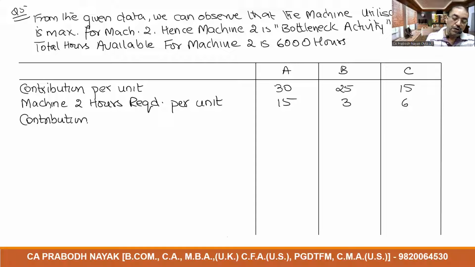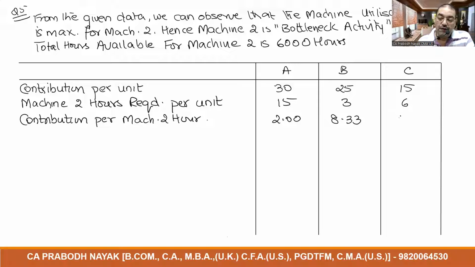So contribution per machine 2 hour. 30 divided by 15 is 2. 25 divided by 3 is 8.33.